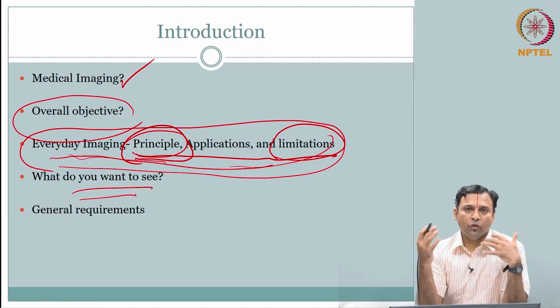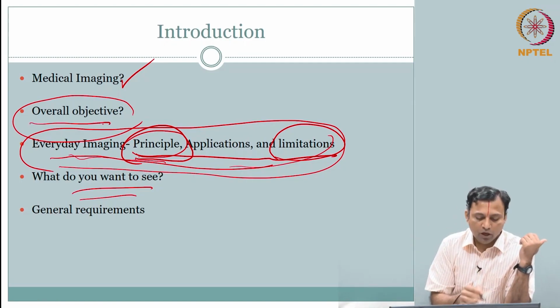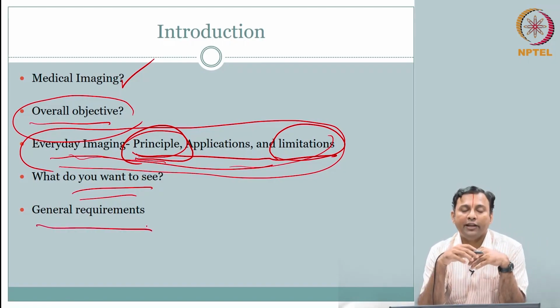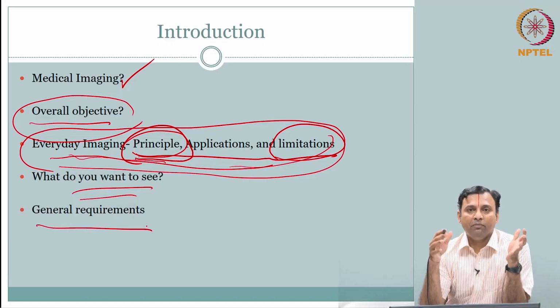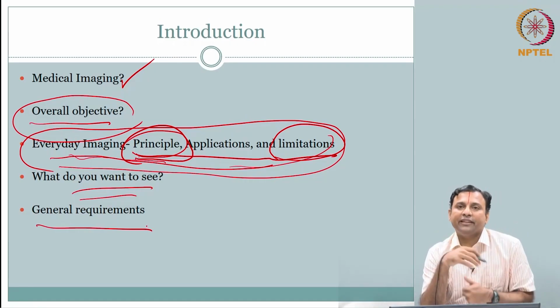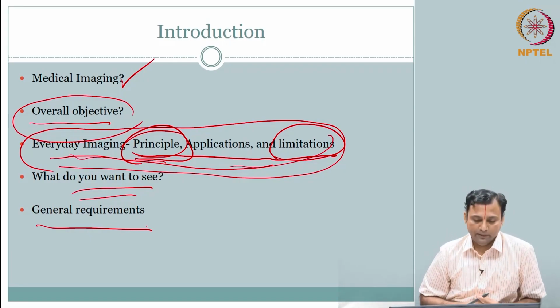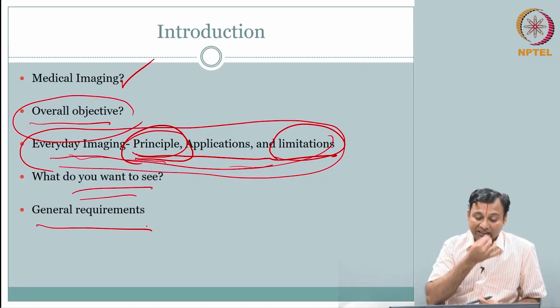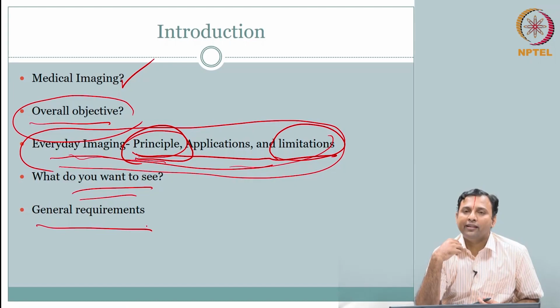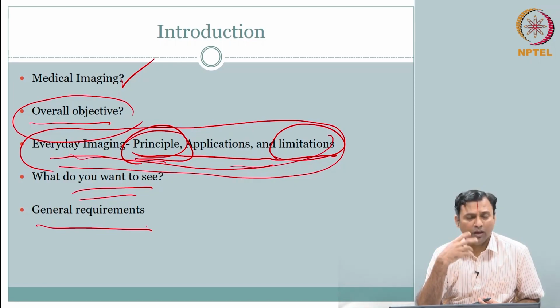But because we have an overall objective, there should be some general requirements irrespective of the modality. All of them will have some basic requirements that they have to satisfy. What could that be? Before I just list that and make it feel like we know this, I would like you to take these extra 2 seconds, 3 seconds, 10 seconds to ask yourself this question.